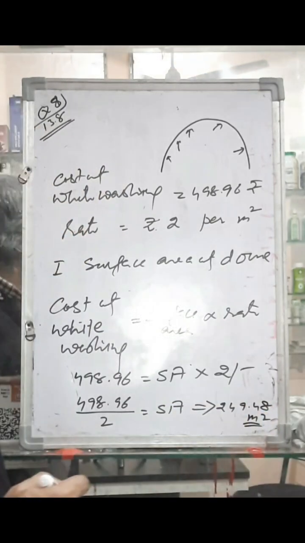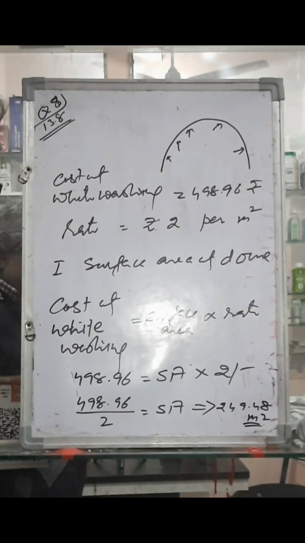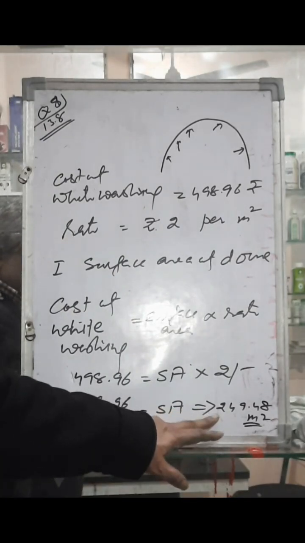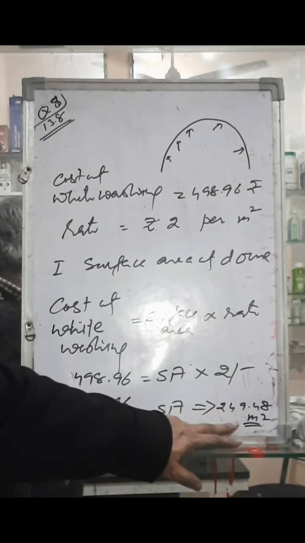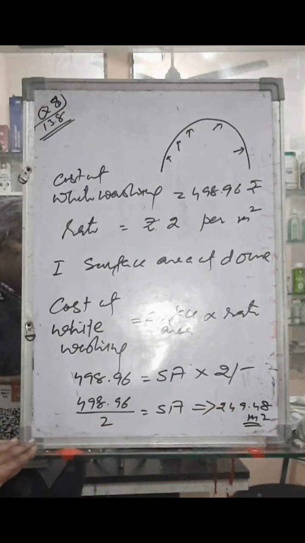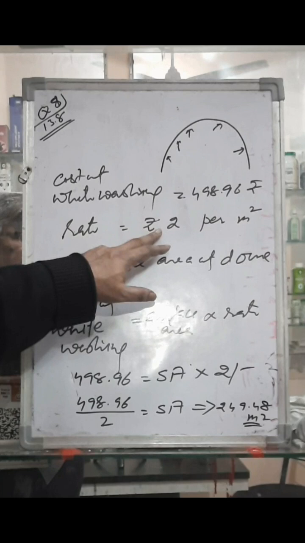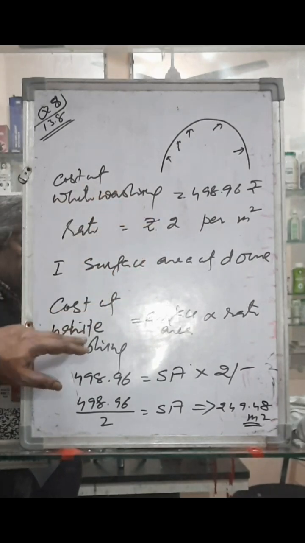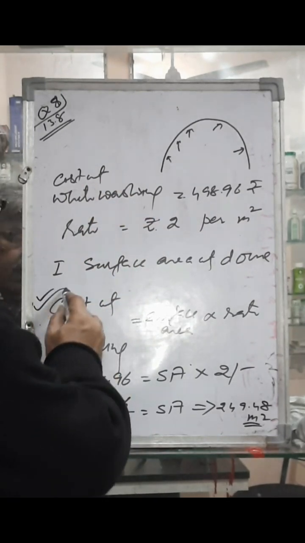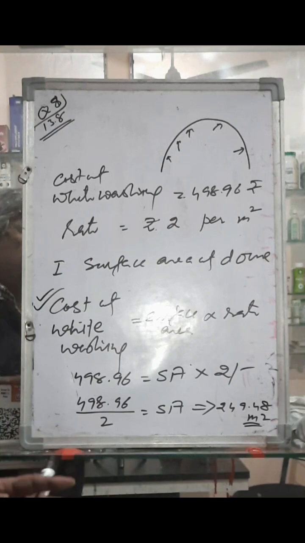This is the surface area. And we were given total cost of whitewashing and rate of whitewashing. Using this formula, we have calculated the surface area.